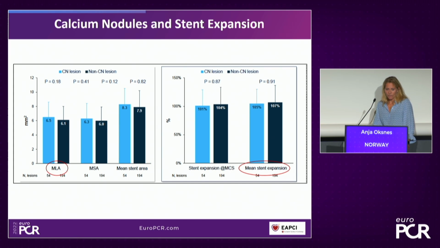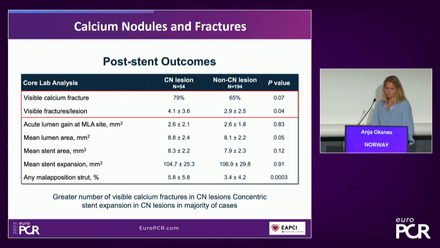The MLA and the stent expansion were similar in treating calcified nodules as in non-nodular lesions. And the greater the number of visible fractures in nodular lesions, the better the stent expansion.